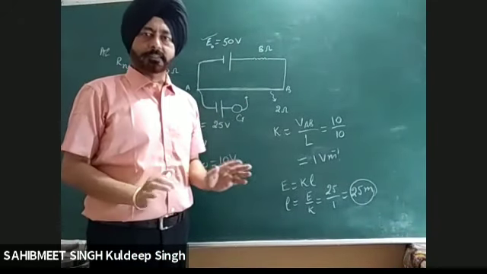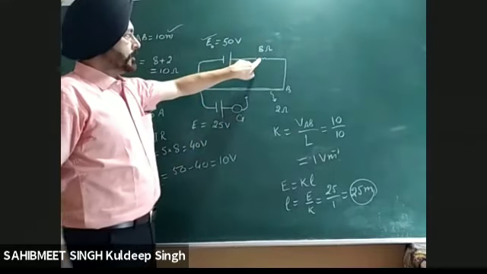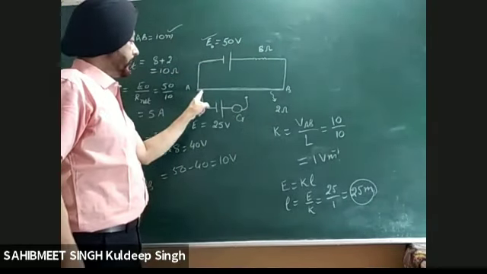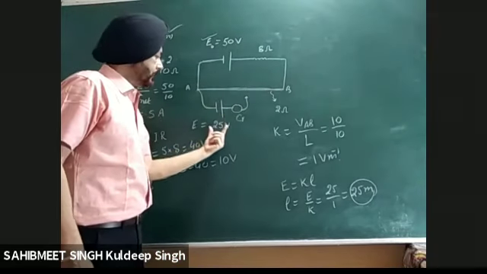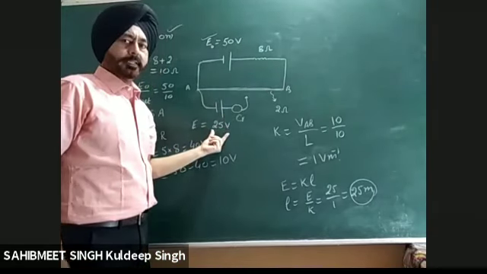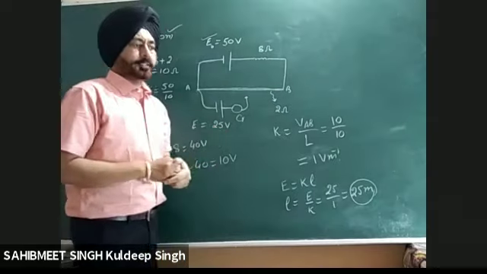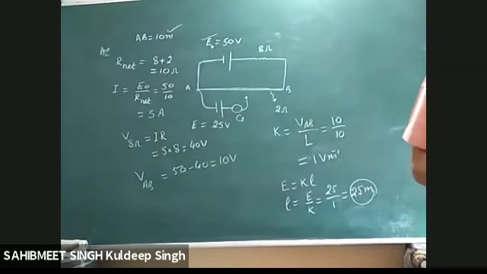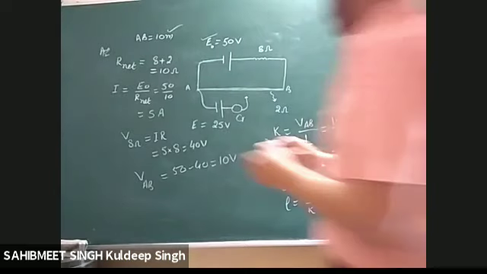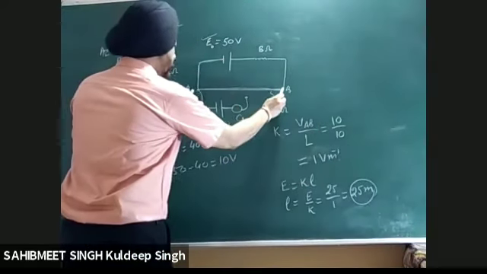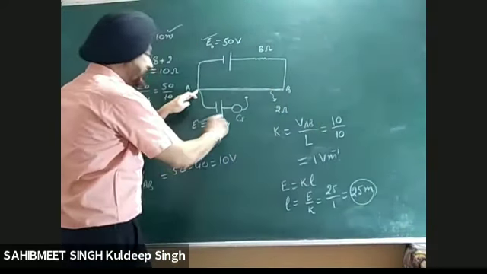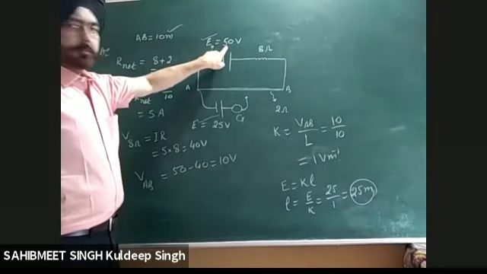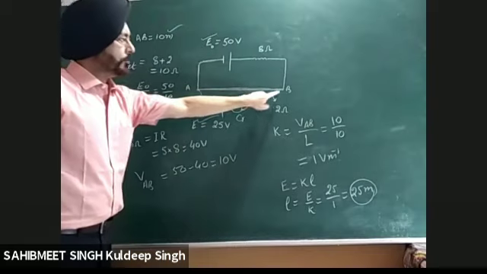The reason is most of the potential is consumed by this resistance, and here the potential drop is less than the secondary cell. So the second condition we have to modify. The potential drop across AB should be more than this EMF. This should be more. Only then you will get more potential here.